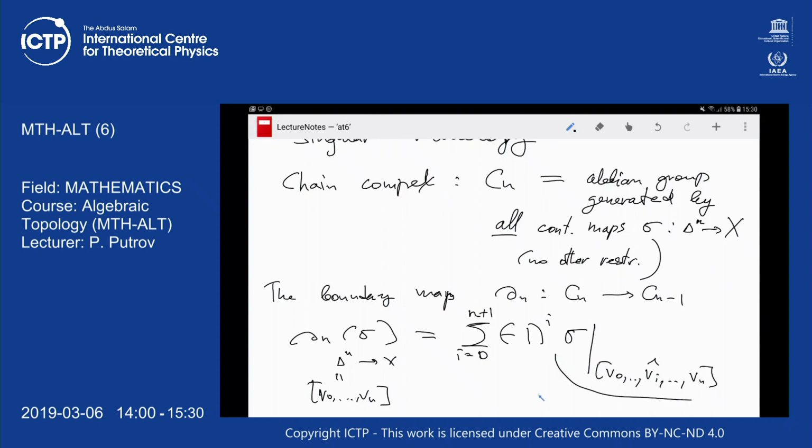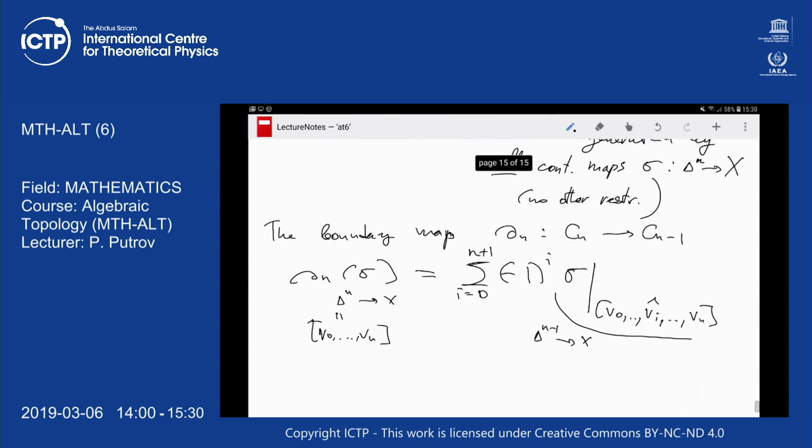This restriction gives us a map from delta n minus 1 to X. So starting from some element of Cn, we get a linear combination of generators of Cn minus 1, which is also an element of it. So this gives a well-defined map from Cn to Cn minus 1.